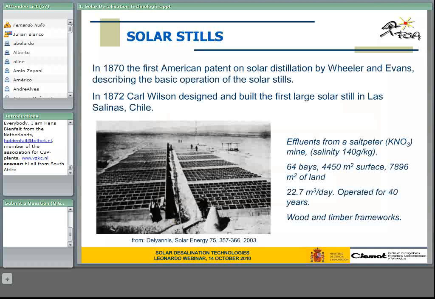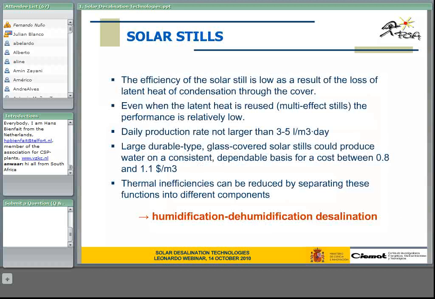These devices are said to have operated for nearly 40 years with very simple materials. As I said, the efficiency is very low because we are using the latent heat of the evaporation of the water. There are several specific devices to make better use of this latent heat with multi-effect configuration, but even with this system the performance is relatively low.